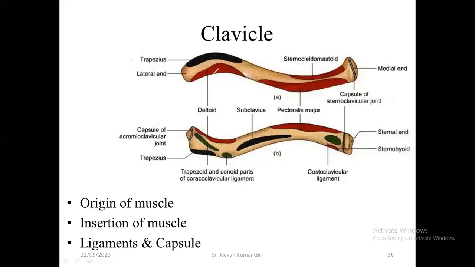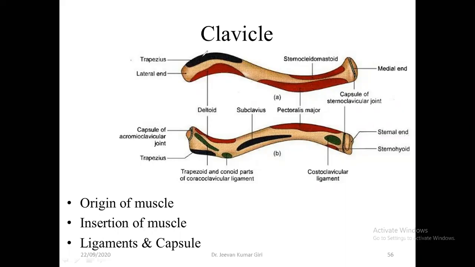Along the anterior border of the lateral one third of the clavicle, there is the origin of the deltoid muscle, whereas the trapezius muscle is inserted in the posterior border of the lateral one third.